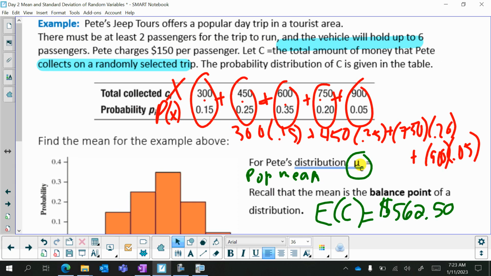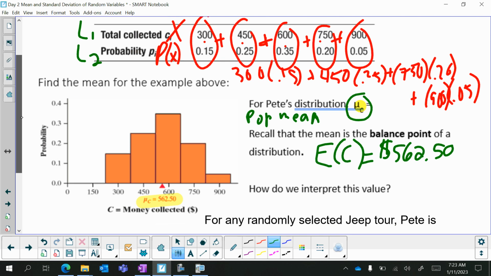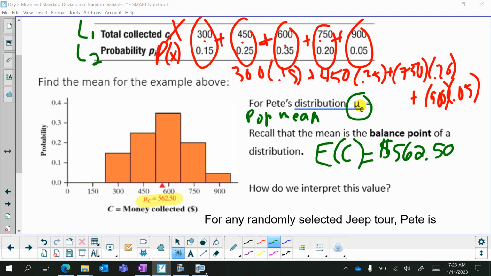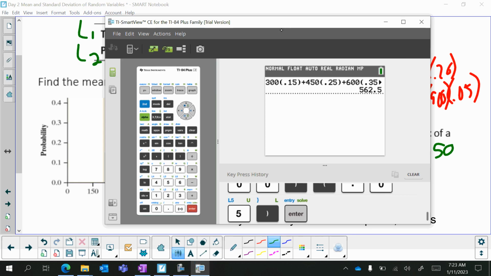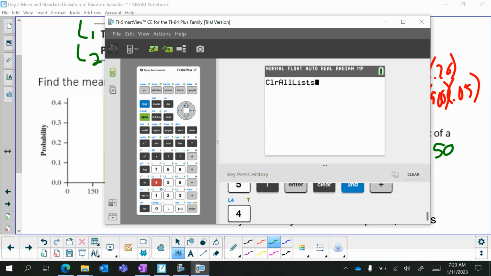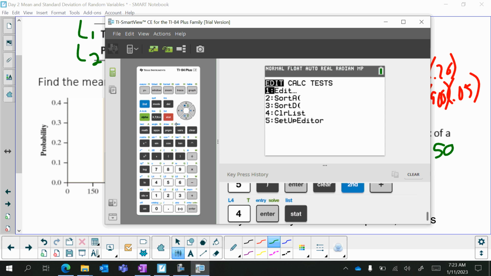L1 is going to be your x values, and L2 is going to be the probabilities, and then we're going to run the 1-Var Stats. Okay, so we're going to put in 300, 450, 600, etc. Okay, so let's clear our list. Second, plus sign, 4, clear your list, enter, stat, edit.